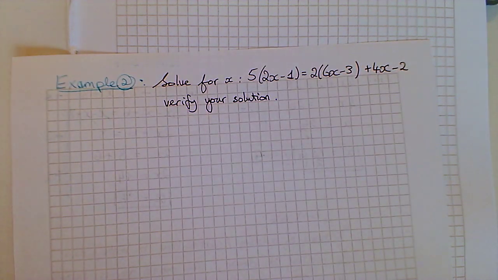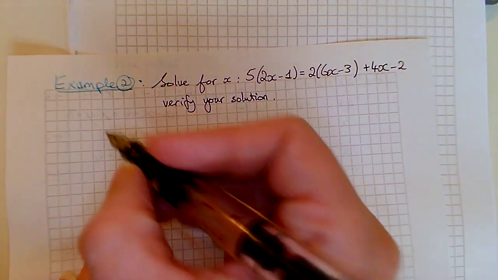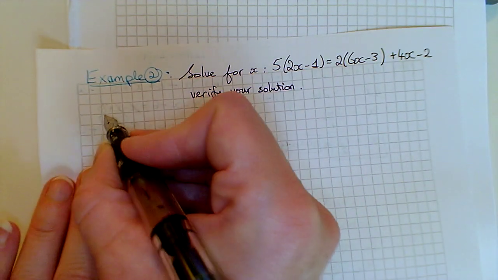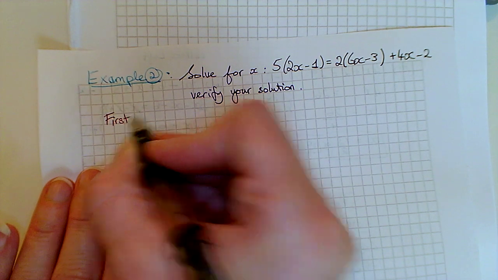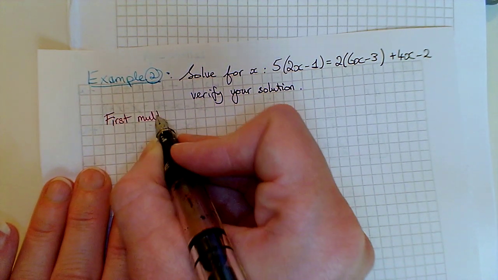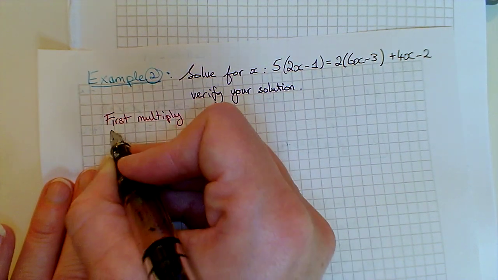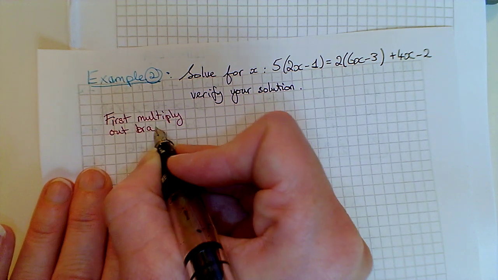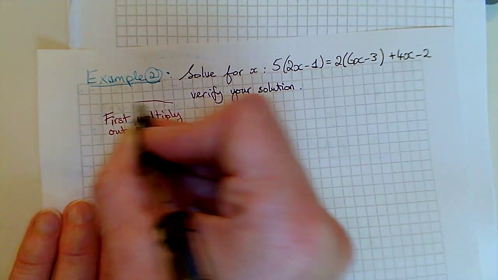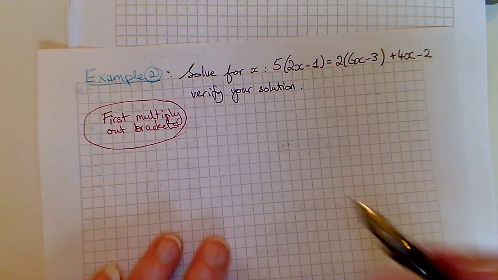So the first thing we're going to do before we even attempt to undo anything on both sides is multiply out the brackets. We can't do much when there are brackets involved, because they get in the way of everything we want to do.